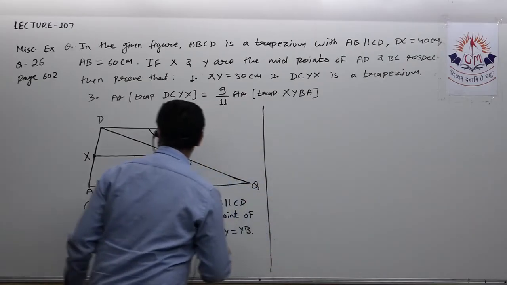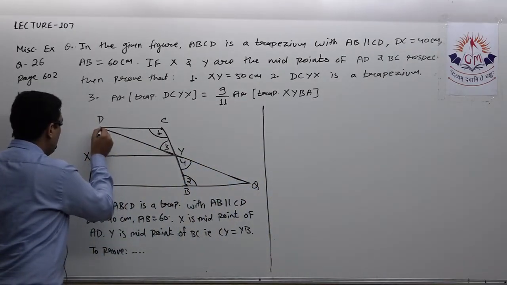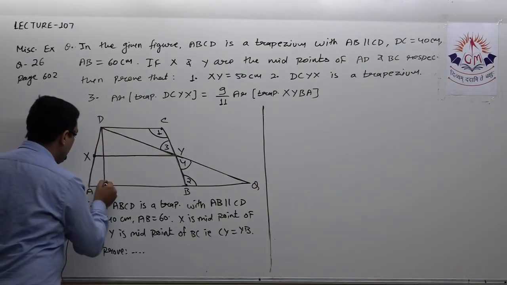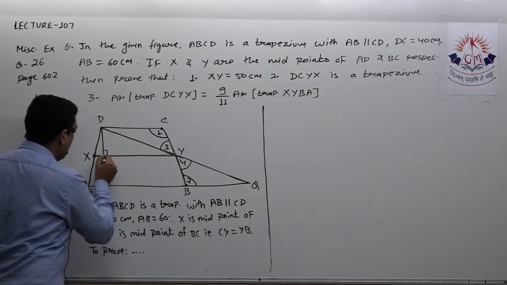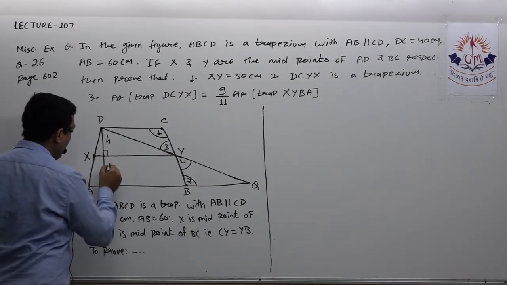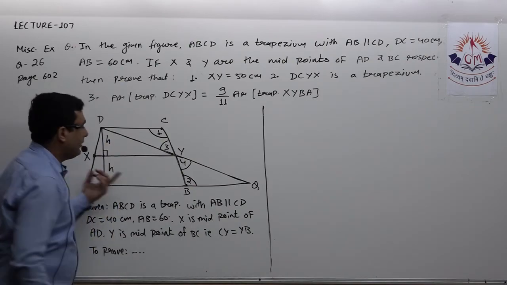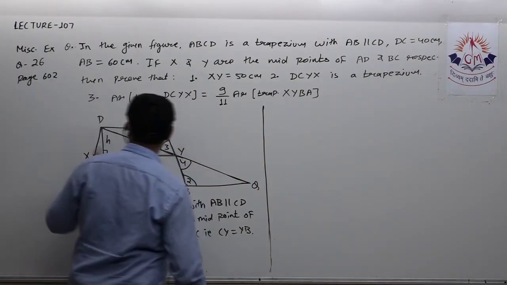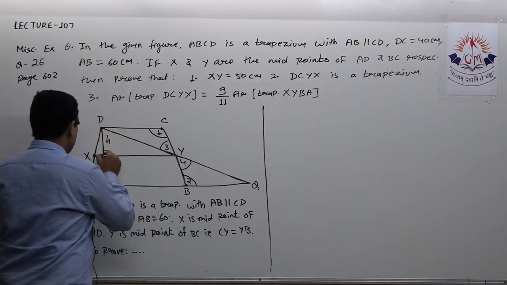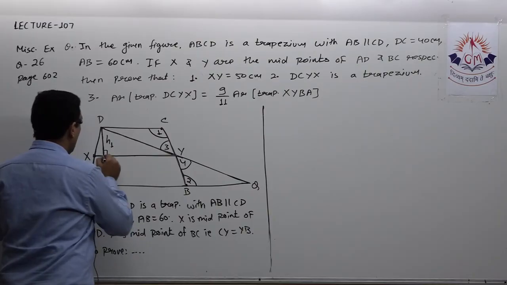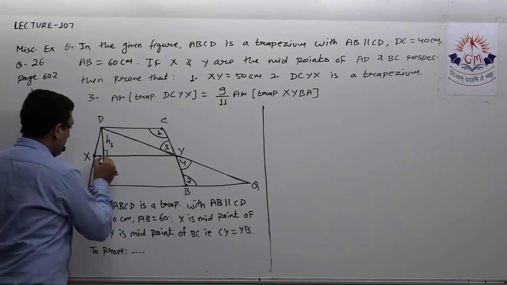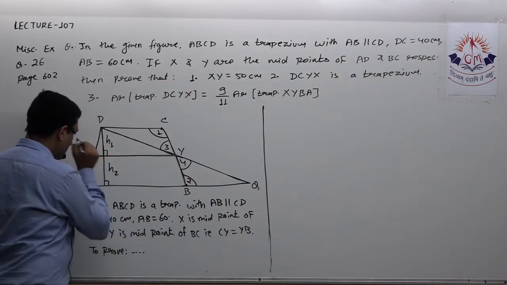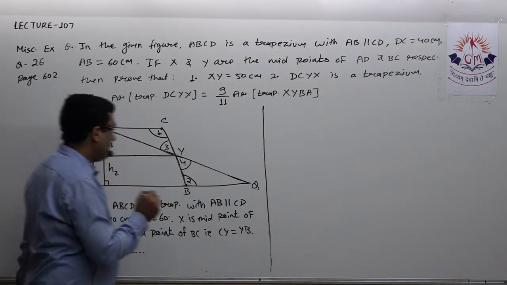As the three sides are parallel, their heights will definitely be equal. So this will be h as well as this will be h. We can say by the intercept theorem that this height h1 is equal to h2.